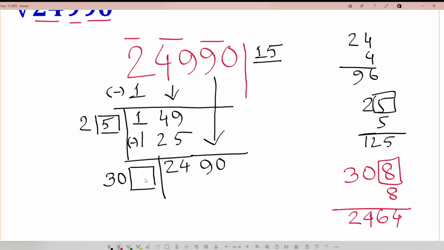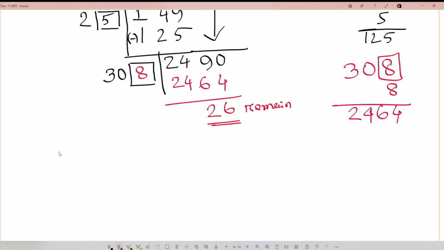It's a perfect fit. The quotient is 8 and we get 2464. We subtract this result from 2490, so here is 26. Look, 26 is the remainder.